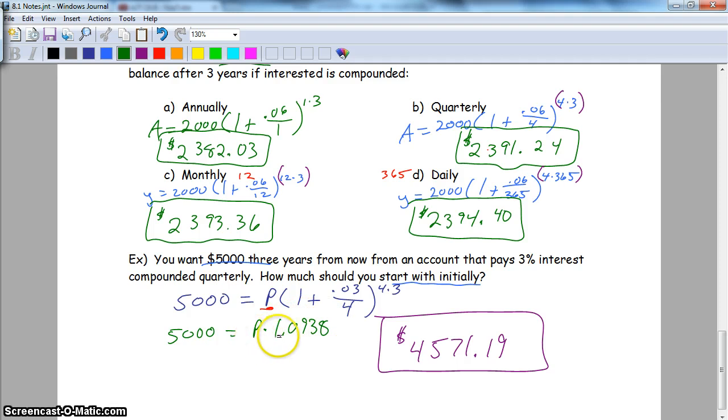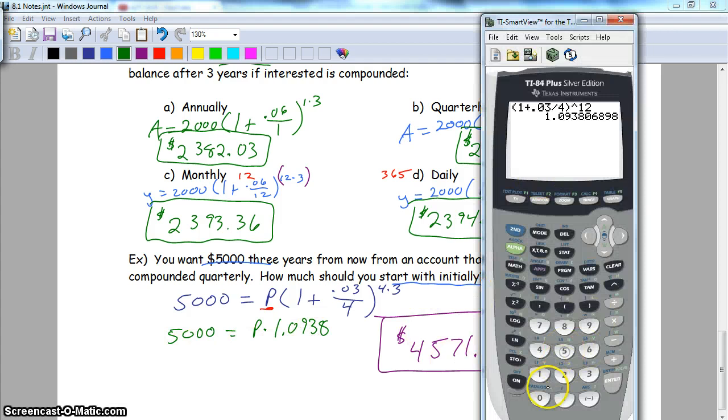So what we got here is P times this constant. So we can do 5,000 divided by our answer here. So do 5,000 divided by our previous answer, and we get $4,571.19, just like we said.